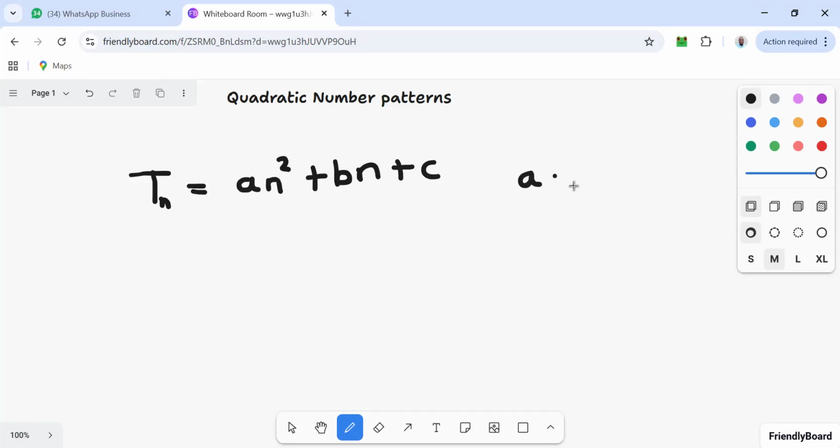A quadratic number pattern has got the first difference row, and it has got a second difference row.